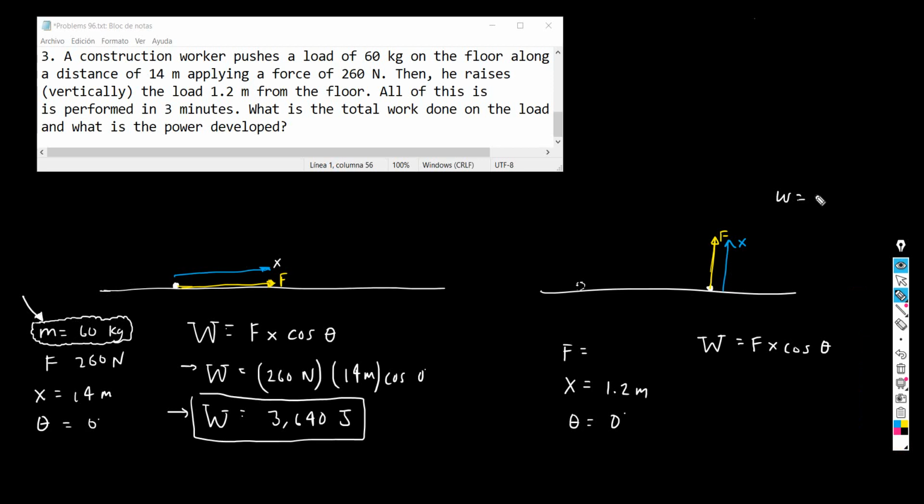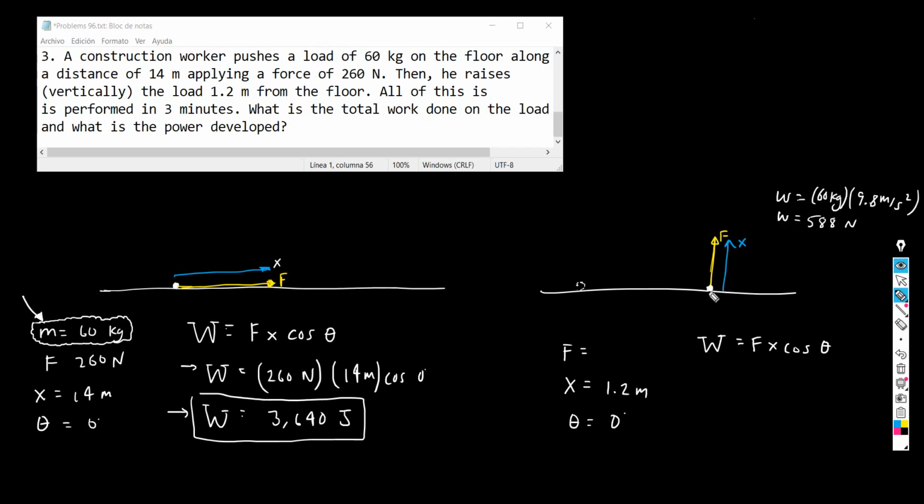It's going to be its mass, which is 60 kilograms, as represented in here, times the acceleration of gravity, 9.8 meters per second squared, and thus the weight will be, let's calculate it, 588 newtons.